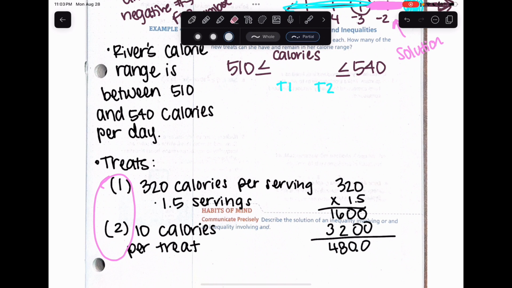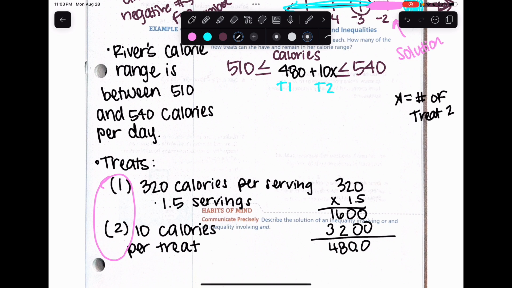And from treat 2, we're literally trying to figure out how many of treat 2 she can eat, right? To stay within her range. So we know it's 10 calories per treat. So let's just say 10x, where x is going to be our number of treat 2. Okay, it's how many treats she can actually have from the second type.